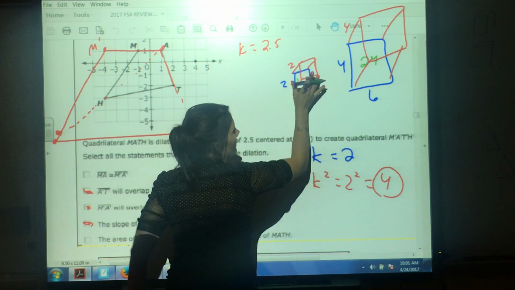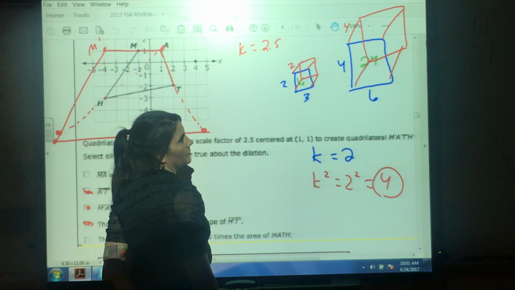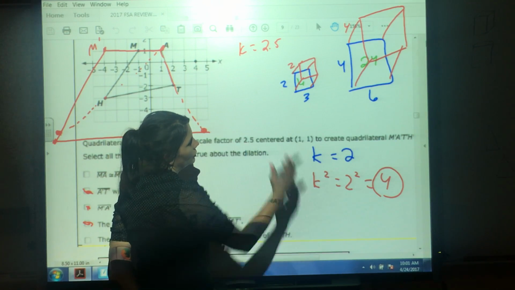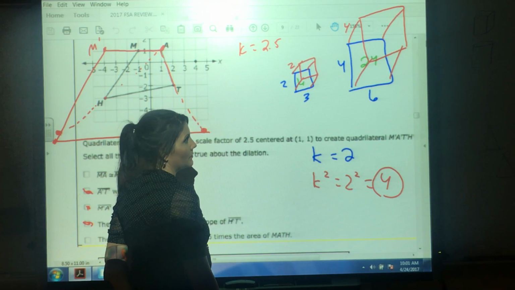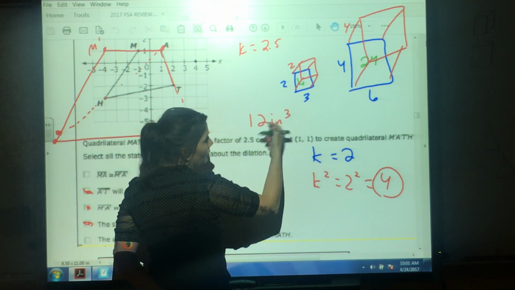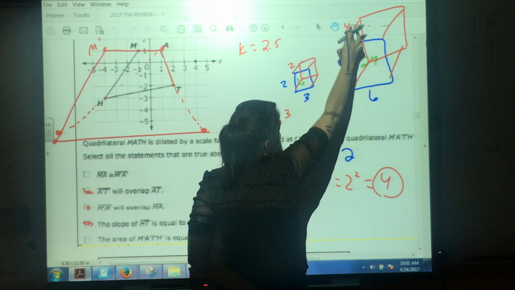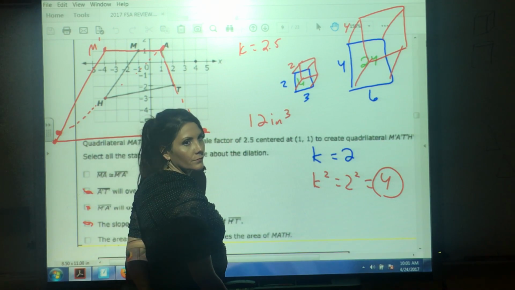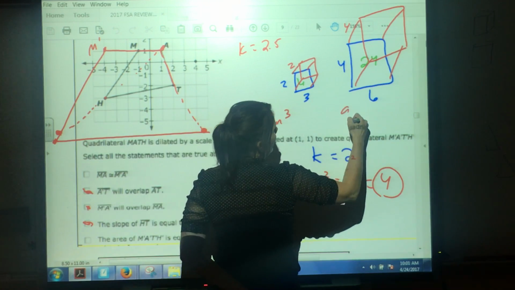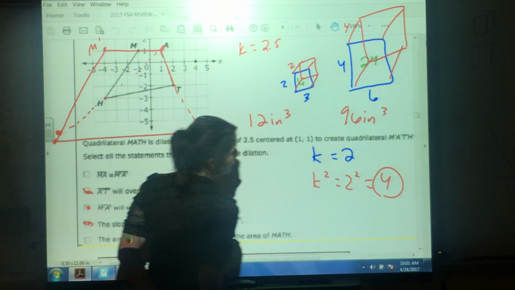What is the volume of that rectangular prism? I don't know why I called it a cube. So do area of the base times the height. So 6 times 2. 12. So it would be 12 inches cubed, right? And this one here would be, all right, 24 times 4 is what? Use your calculator, I don't care. 96. So 96 inches cubed.